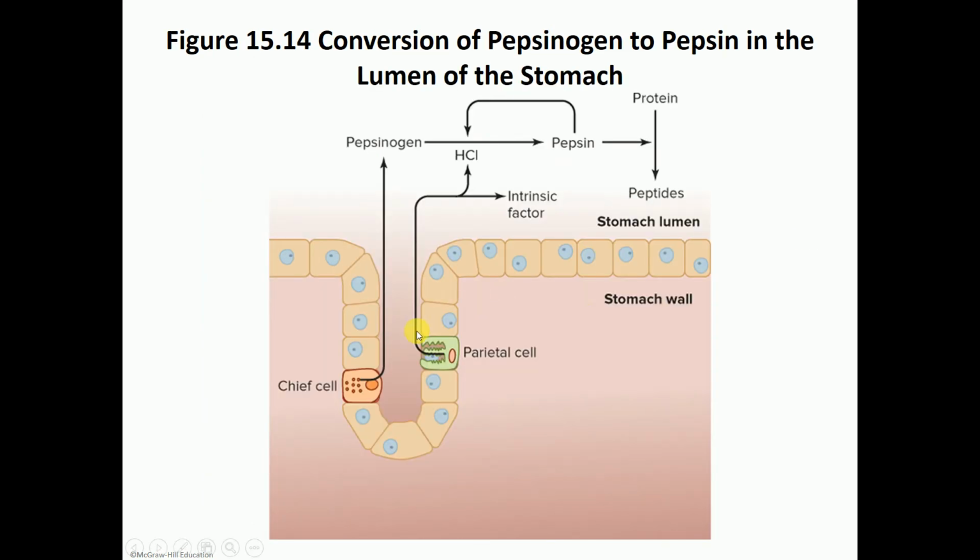Now we mentioned how the chief cells make pepsinogen, and how it needs to be activated by that hydrochloric acid. So you can see here we simplified the gastric pit into a chief cell and a parietal cell. Parietal cell secretes hydrochloric acid and intrinsic factor. Intrinsic factor is extremely important for the absorption of vitamin B12.